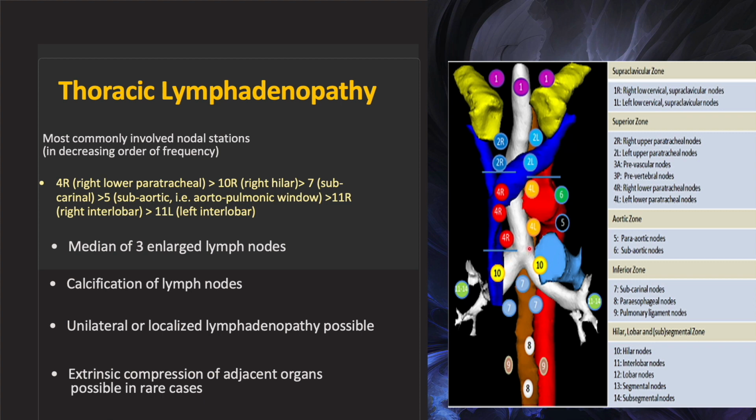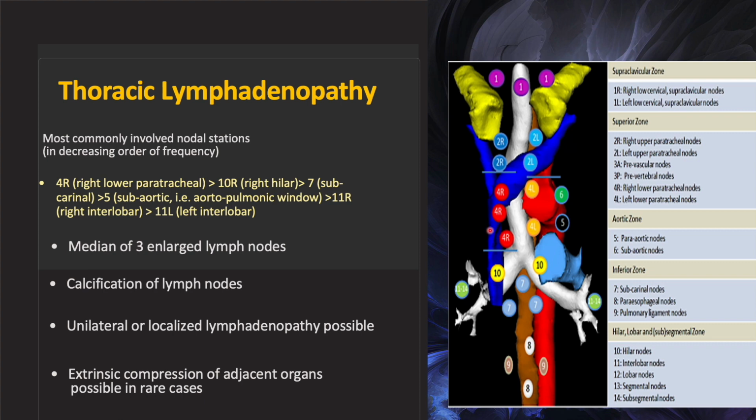Sometimes we can also see that different stations may be involved, and then we may judge the lymph node involvement on the CT scan by seeing a median of the sizes of the enlarged lymph nodes. We can have calcification in lymph nodes. It is typically described in sarcoidosis as calcified, non-necrotic lymph nodes, but it is not always the case.